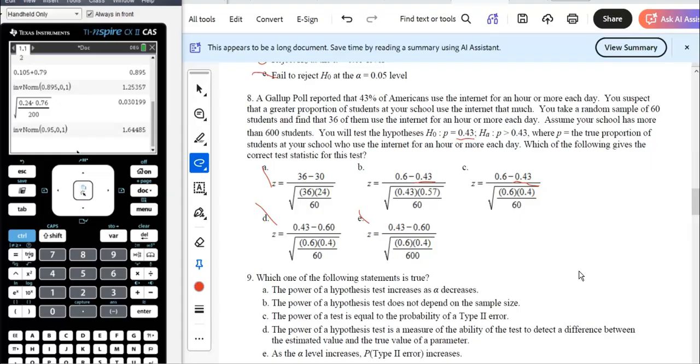So that's the same. So do we use the true proportion or do we use the p hat? This one is p and this is the p hat. Typically my rule of thumb is use the true proportion. So I'm pretty sure it's B.